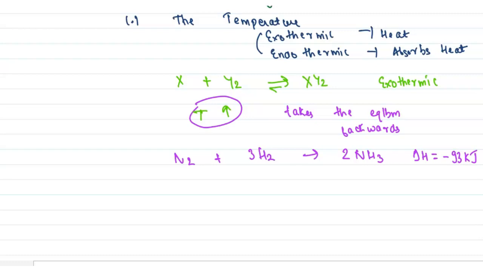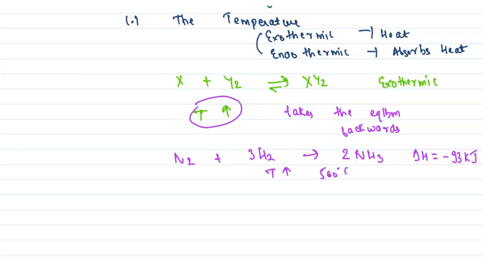Now, you are the owner of a factory which is producing ammonia, and you increase the temperature of production. It's usually 500 degrees Celsius, and if you increase this temperature further, then since it's an exothermic reaction, it will try to move backward.